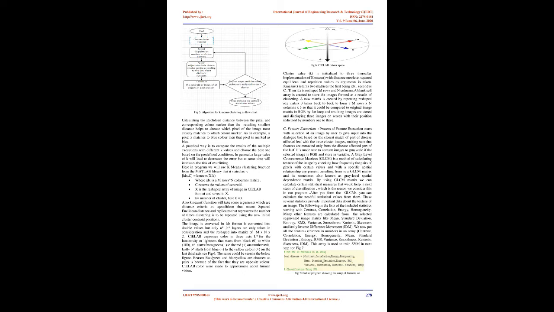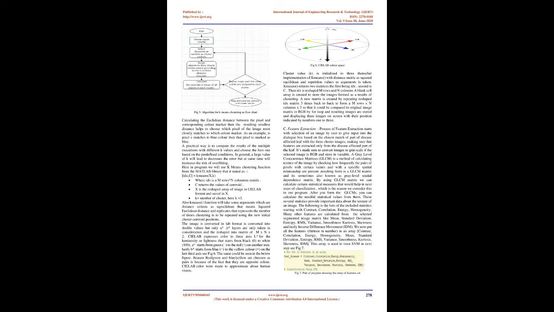Due to its easy availability in many open source and proprietary software, it's widely popular and used. We calculate the Euclidean distance between the pixel and the corresponding color marker, and the resulting smallest distance helps to choose which pixel of the image most closely matches which color marker. As an example, if pixel X matches blue color, then that pixel is marked as blue.